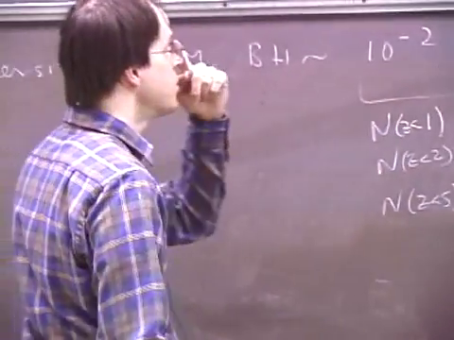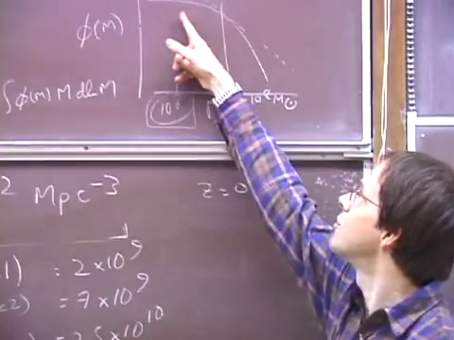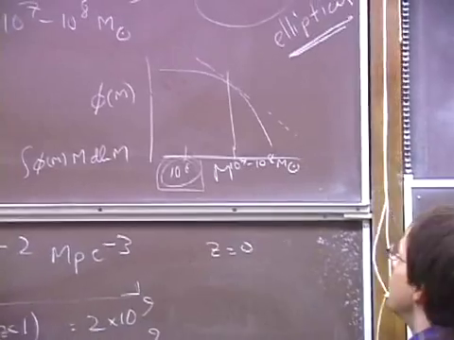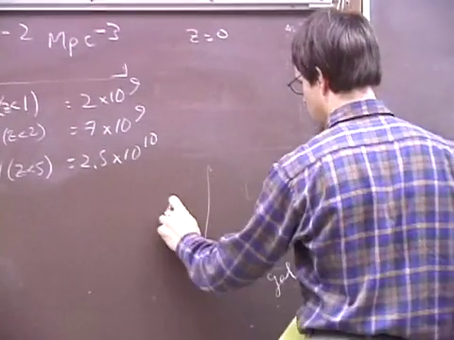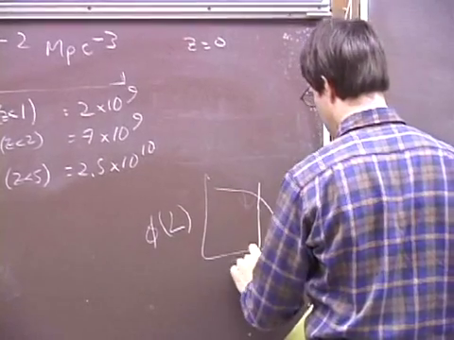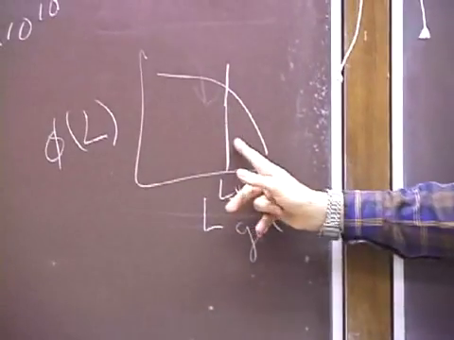Okay, now if you remember that the luminosity function of galaxies looked very much like this, it had slope -1 at the faint end and then dropped exponentially at the high end, and there was a characteristic L star where that drop happened. L star in the Milky Way is about half of an L star galaxy.